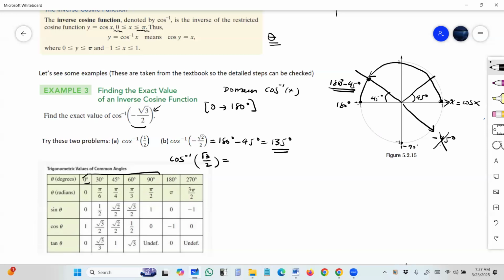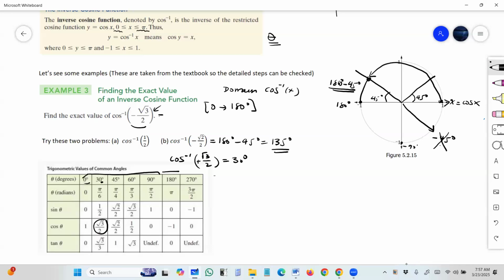In the case of cosine, it helps you to memorize the 180 also. So you go to where you find radical 3 over 2, and 30 degrees would be for the positive radical 3 over 2.